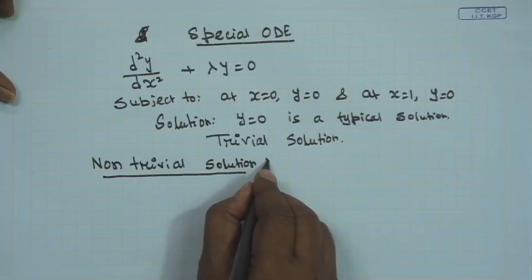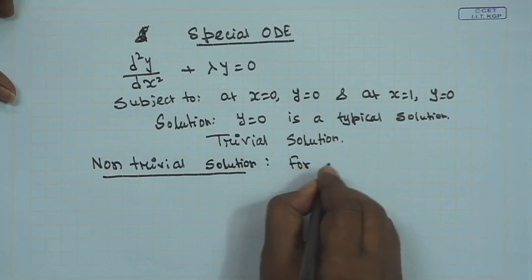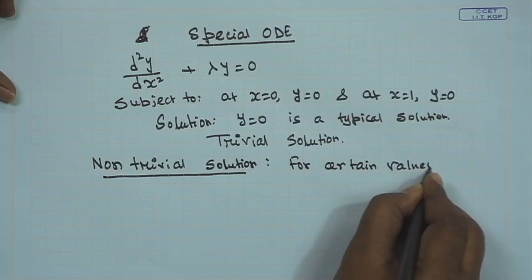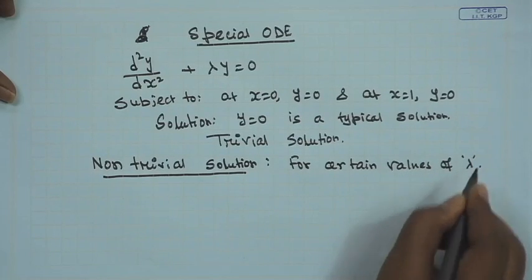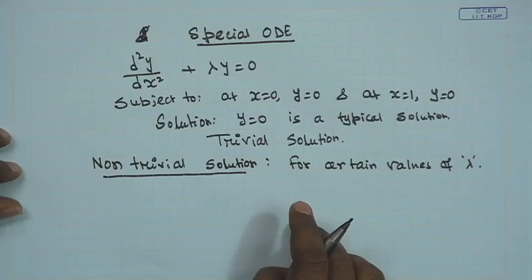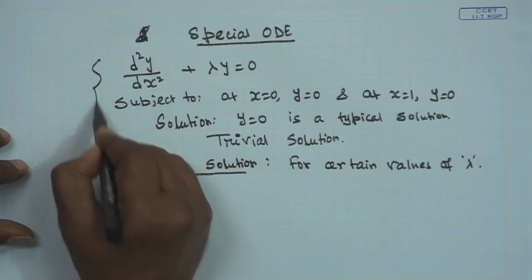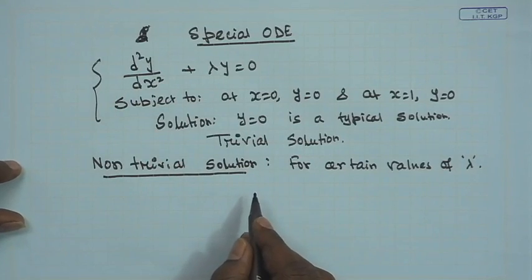Non-trivial solution can be obtained for certain values of lambda, the constant. These values of lambda are known as the eigenvalues of the problem, and the corresponding solutions are known as the eigenfunctions. And whenever we will be talking about this type of problem, d square y dx square plus lambda y, where lambda is a constant and the boundary conditions are homogeneous, this type of problem is known as a standard eigenvalue problem.